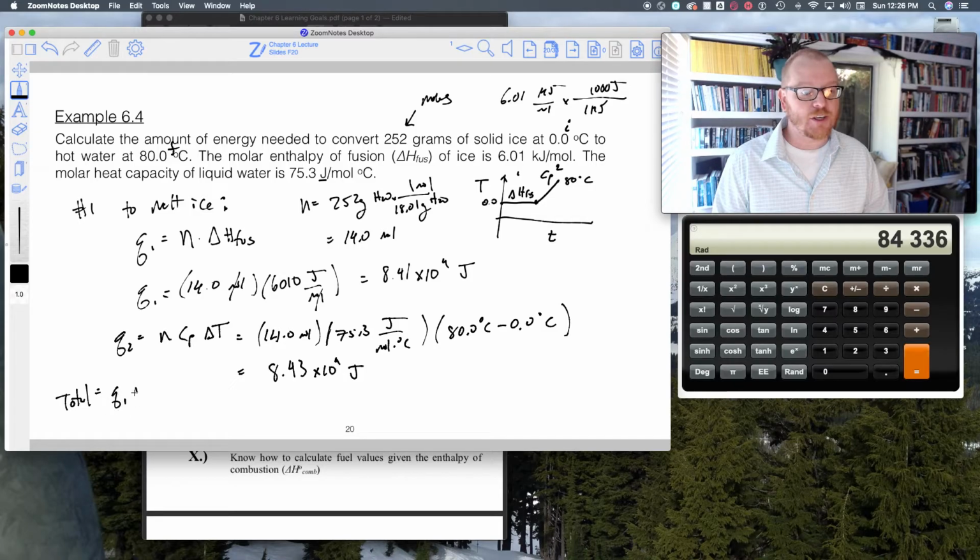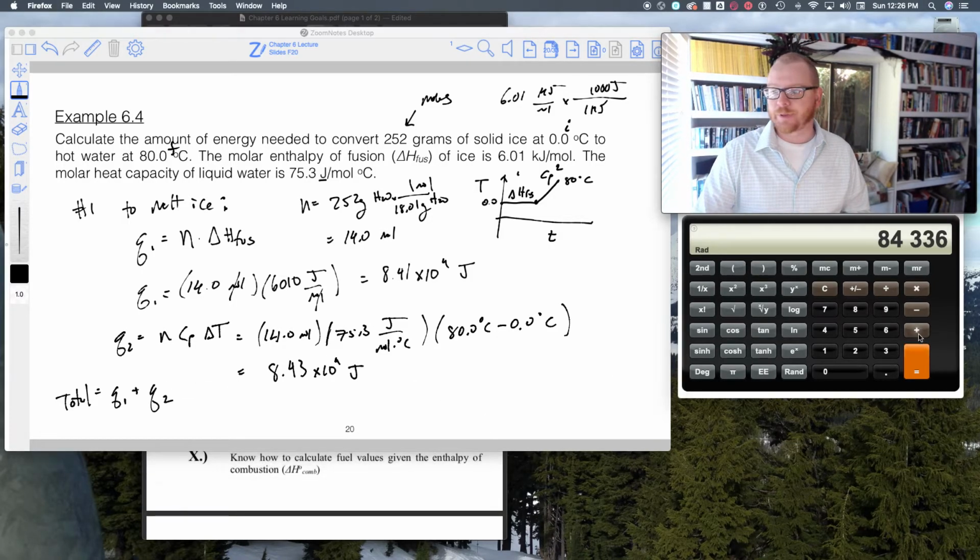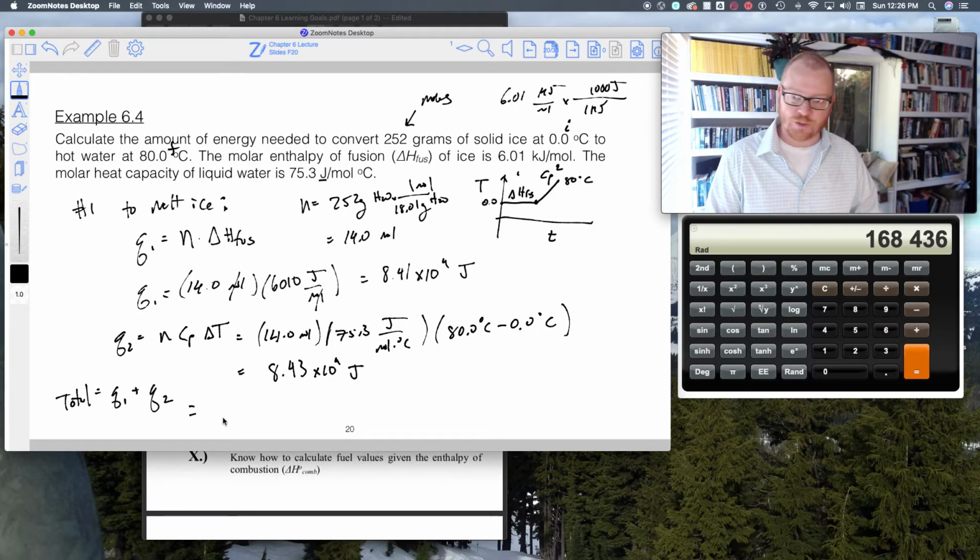So now that means my total heat is going to be Q1 plus Q2. So let's say that number plus 84,100 equals, and I get that Q1 plus Q2 to be 1.68 times 10 to the 5th joules.